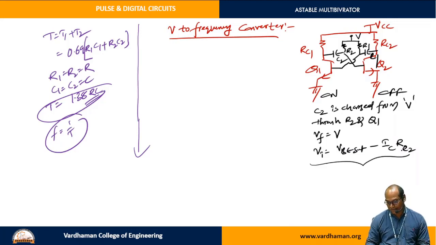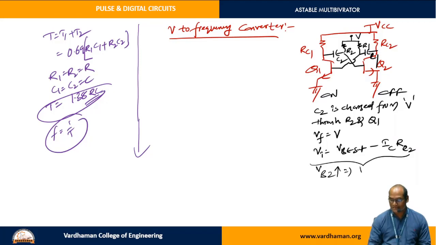You observe carefully. Once again I am starting the operation. Since we have taken Q2 in the off state and Q1 in the on state, the C2 capacitor will be charged from the supply capital V through R2 and Q1. Since it is charging, the capacitor voltage will increase. Since it is connected to the base of Q2, the base voltage also increases.